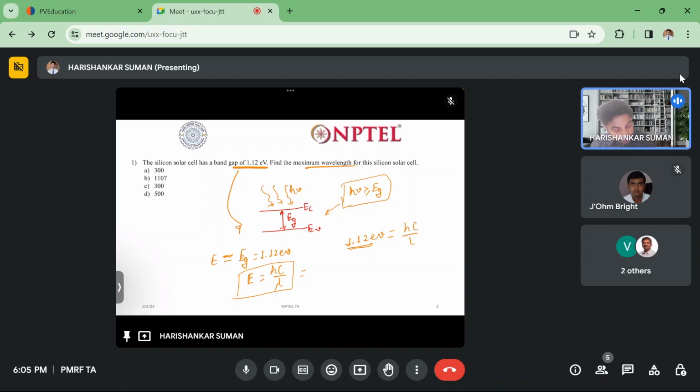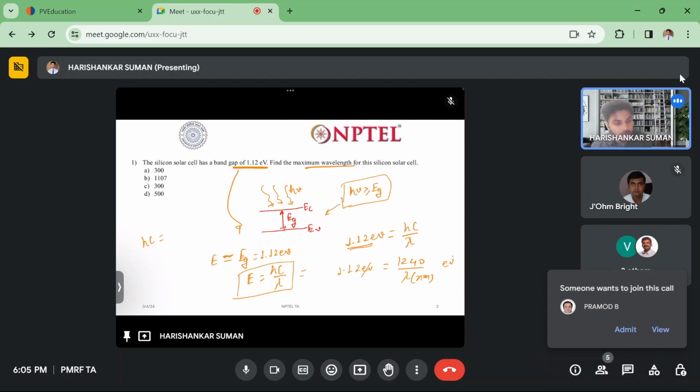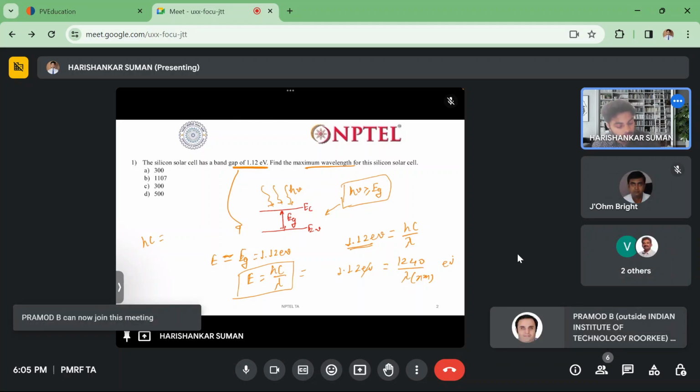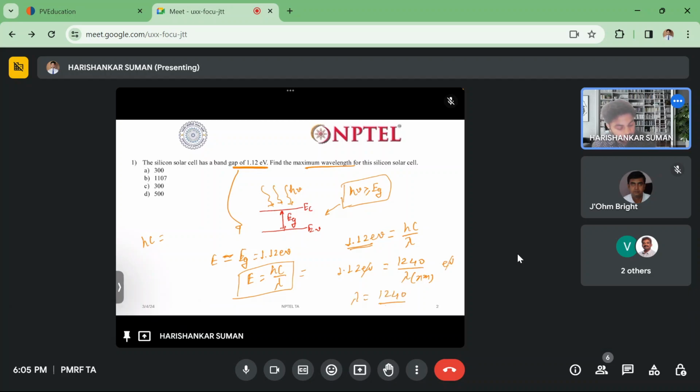So hc by lambda, you know the value of hc, 1240 with lambda in nanometer and energy in eV. The eV cancels out. Then you can find it by dividing by 1.12. Please solve this.